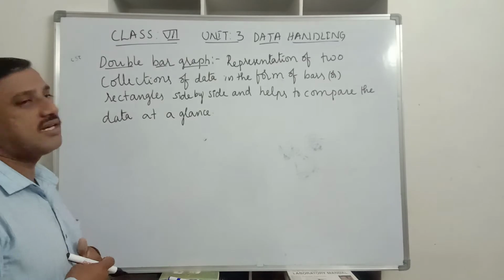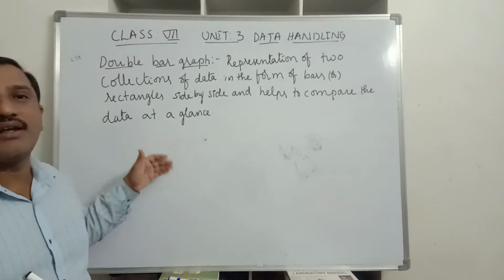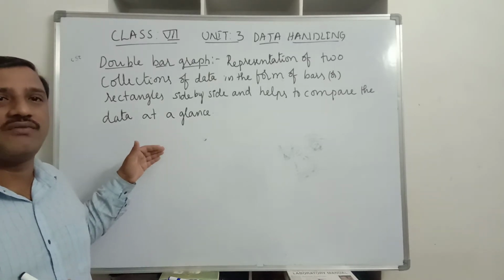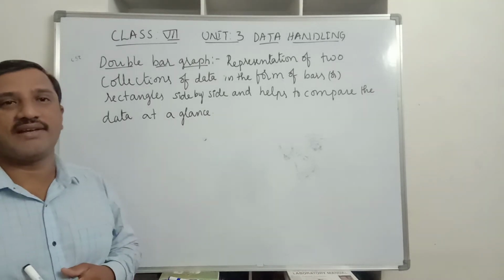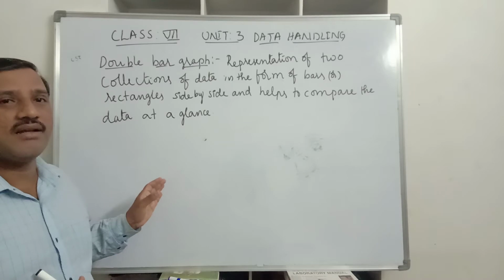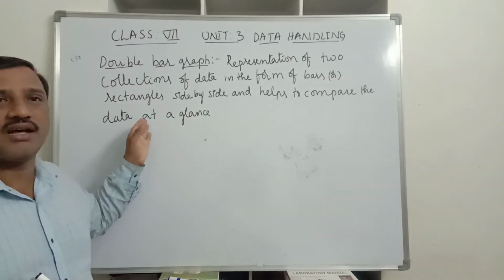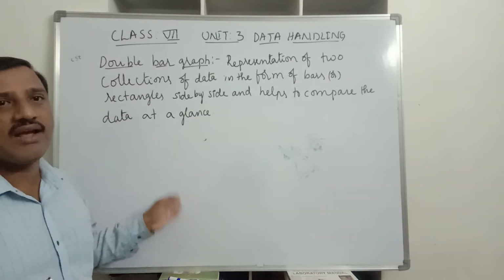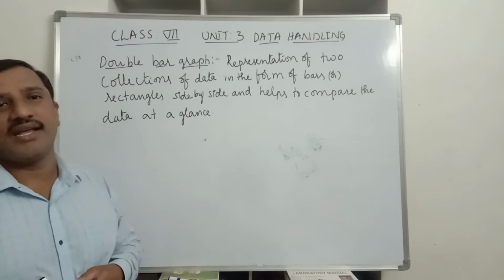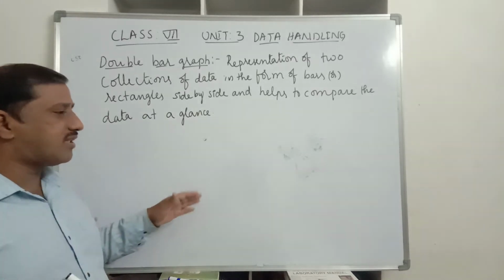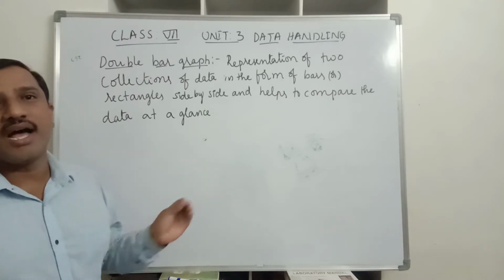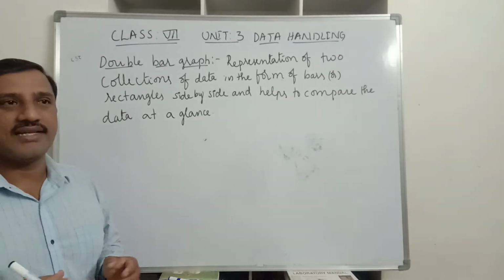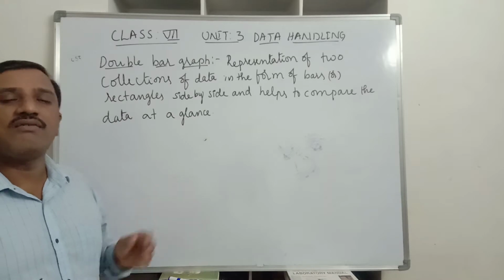So how to construct a double bar graph? It is quite common, as with our bar graph. We need to take a proper scale based on the data which is given, and we should take the frequencies on the horizontal line, or you can take them on the vertical line, and the data related to these marks or the years or the cities, that we should mention on either of these axes, that is the horizontal line or the vertical line.